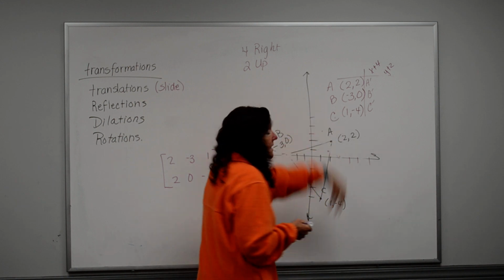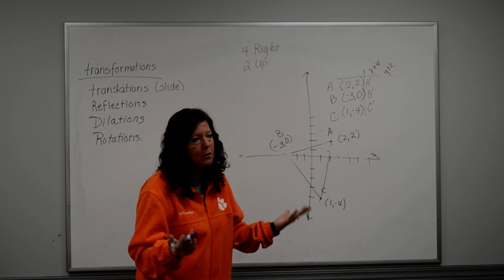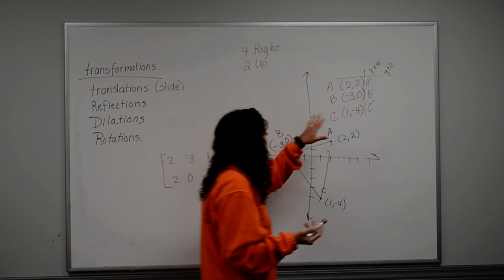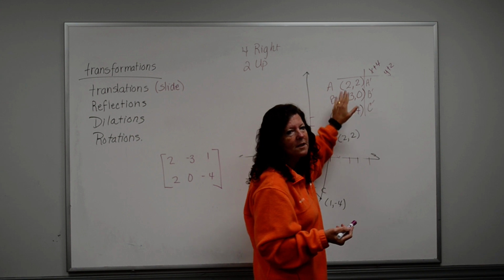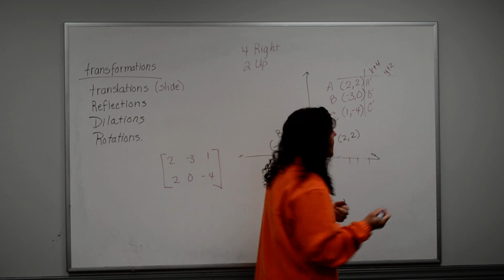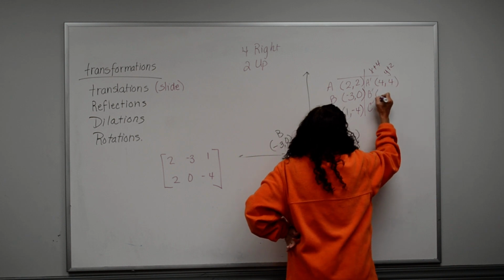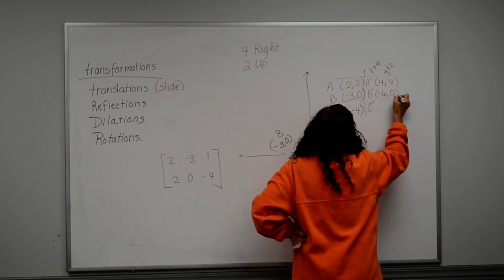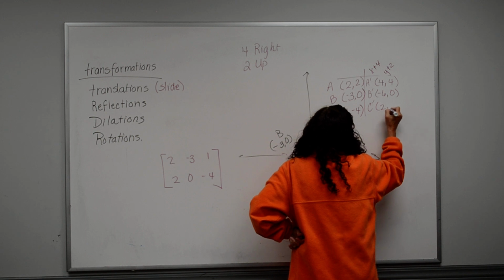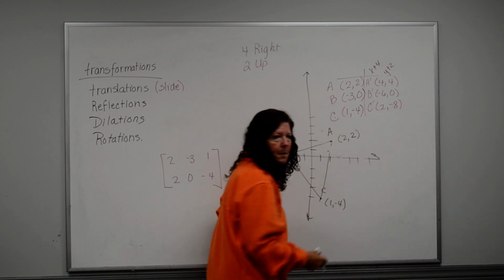Let's say we wanted to dilate this by a factor of 2. That would mean I would take every one of these points and multiply it by 2. So this is 4, 4. This would be negative 6, 0. And this would be 2, negative 8. Those are going to be my new points.